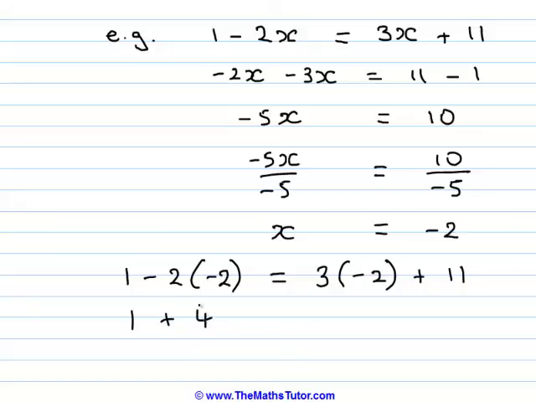Minus by minus is plus. 2 by 2 is 4. Equals 3 times minus 2 is minus 6 plus 11. 1 plus 4 is 5. Minus 6 plus 11 is 5. This is true. So we know we've got the right answer to our problem. We've got the correct solution to this equation.